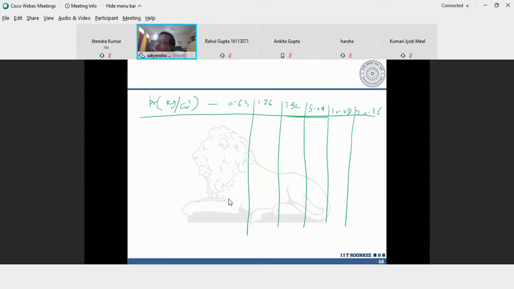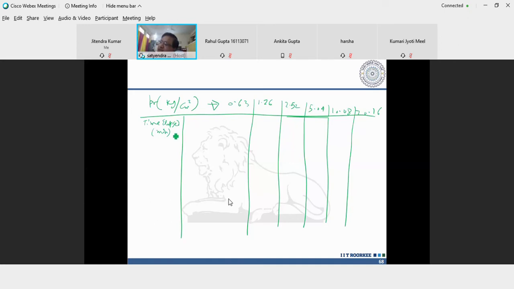Now the table is made like this. This is the pressure increments chosen by you, and this is the time elapsed in minutes.